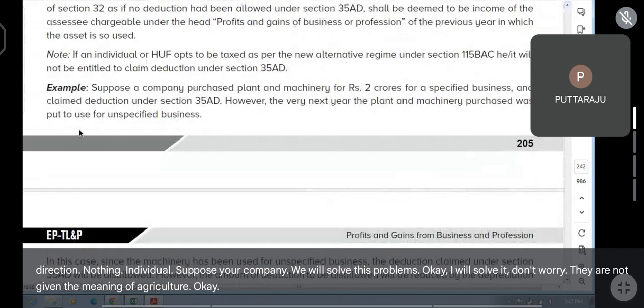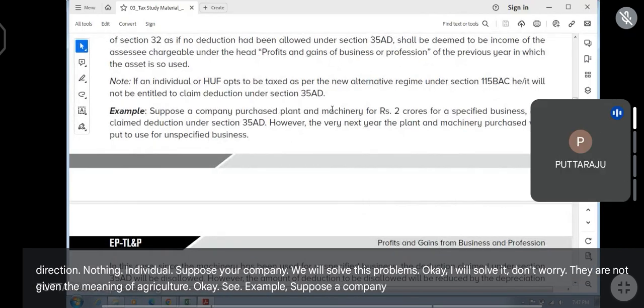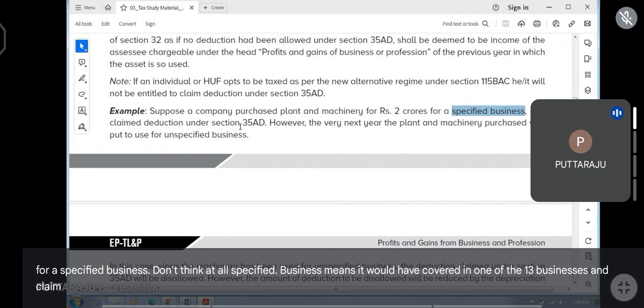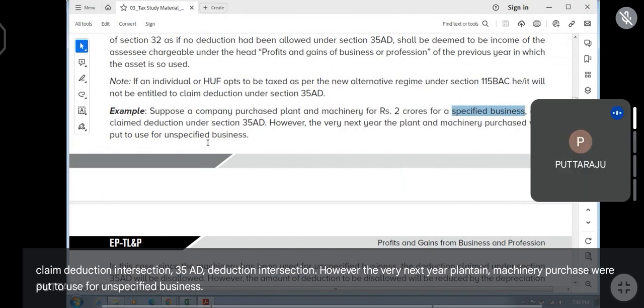Example. Suppose a company purchases plant and machinery for rupees 2 crores for a specified business. Specified business means it would be covered in one of the 13 businesses, and claims deduction under section 35AD. However, the very next year the plant and machinery is put to use for unspecified business.